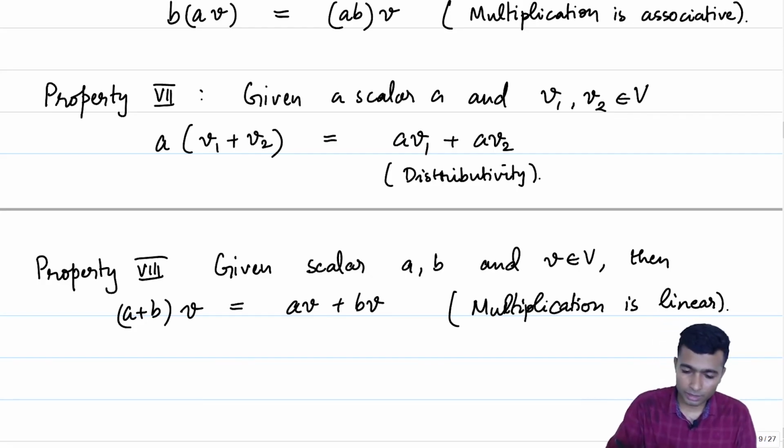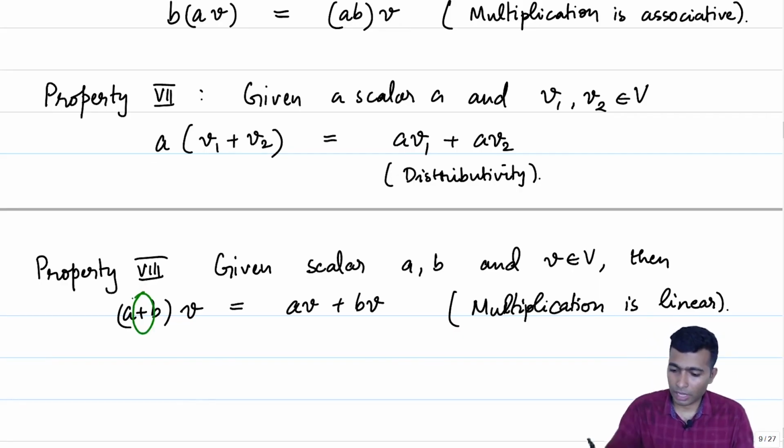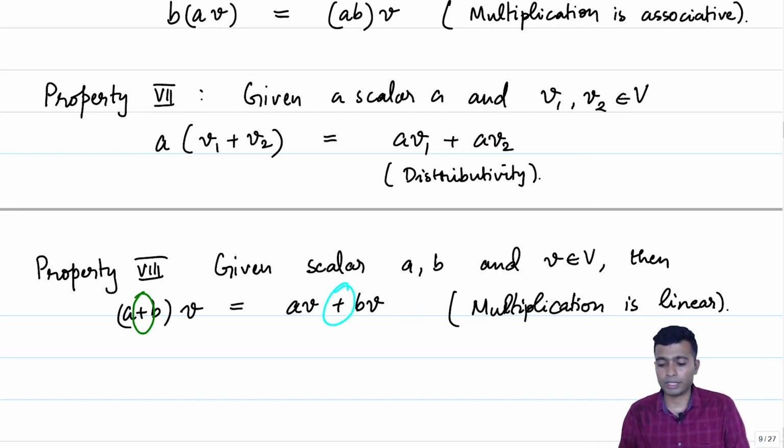Observe that the one I am circling in green is addition of scalars, and the one I am circling in blue is the addition of two elements in V, so this is a vector addition.